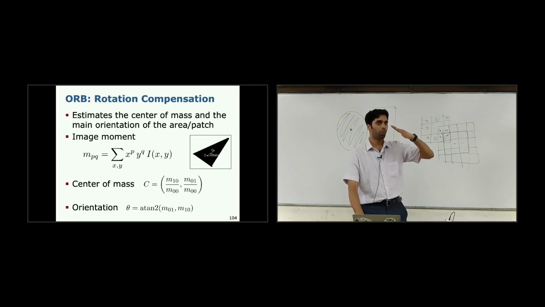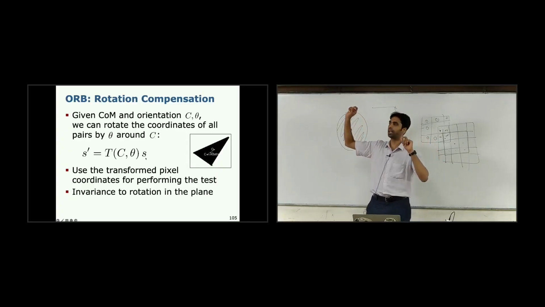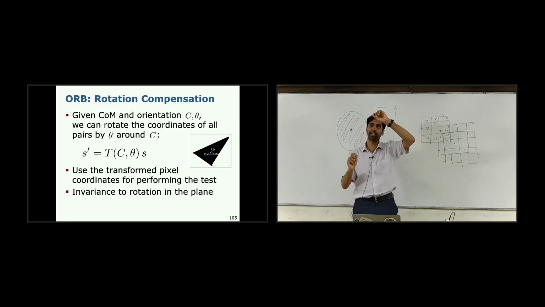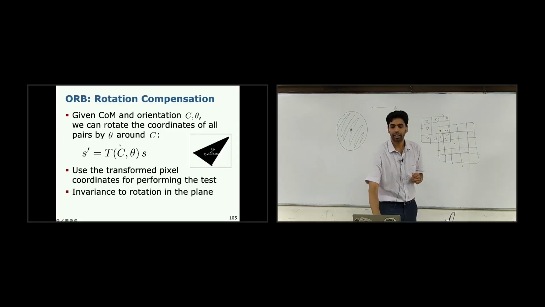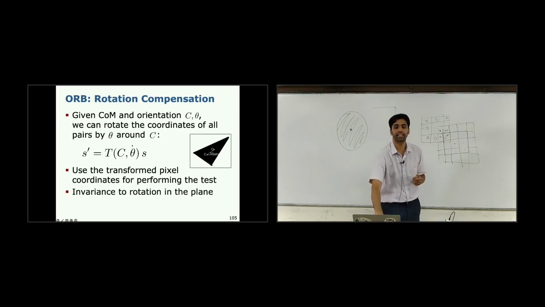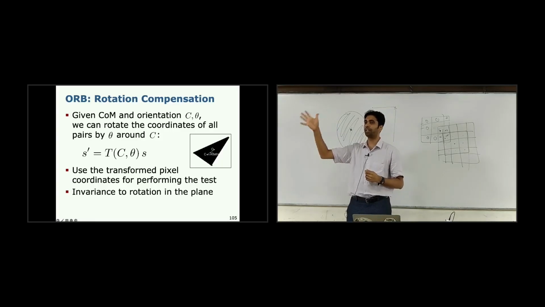Now that you know the main orientation of the patch, you can compensate for the new sample. What's happening here is S is your original sampling pair. Let's say I took the sampling pair 3 and 7. My image was rotated, so I now need to re-rotate that image using this transformation matrix using the center of mass and theta that I computed. Essentially you're bringing the patch in image 2 to the same orientation as image 1.